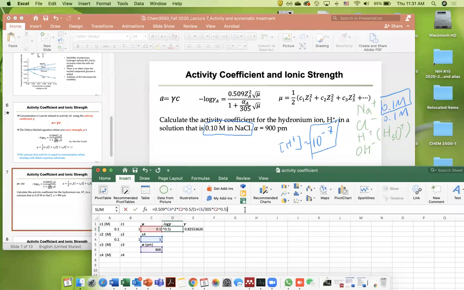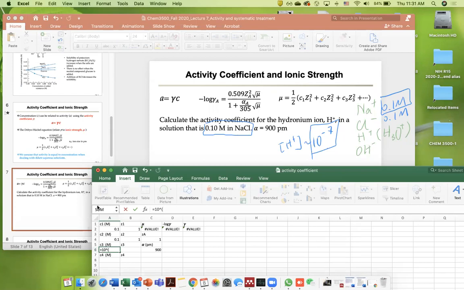And if you really want to try out the other concentrations, you can definitely do that. This one will be 10 to the negative 7, right? Professor? Yeah? Wouldn't it be 1 sig fig due to the 900 pm? 900 pm, well, it's a tricky part.